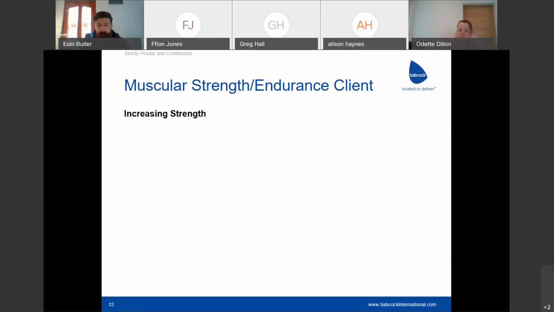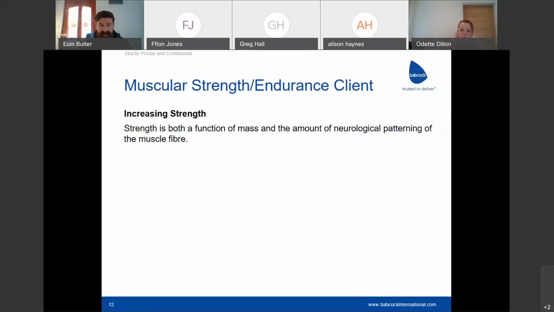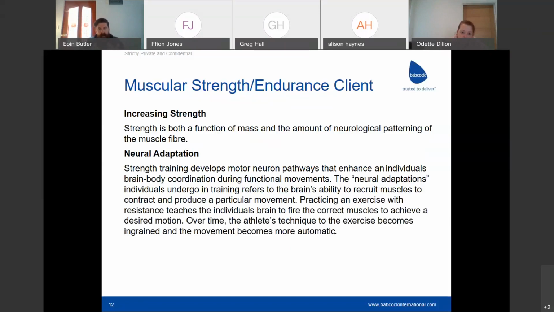Increasing strength. So, strength clients, strength is both a function of mass and the amount of neurological patterning of the muscle fiber. The neural adaptation, first of all. Strength training develops motor neuron pathways that enhance an individual's brain-body coordination during functional movements.